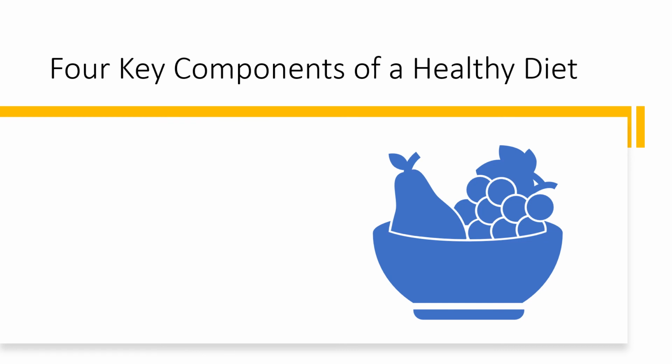Okay, so the 4 key components of a healthy diet. We've already seen some of these. Balance is one of them. This didn't necessarily come across in the previous slides, but balance just means have a little bit of everything. Don't overdo in any one area. If you do overdo in one area, rein it in afterwards.